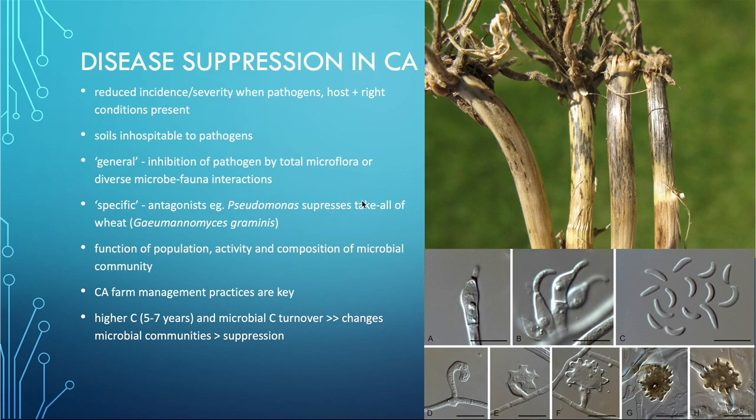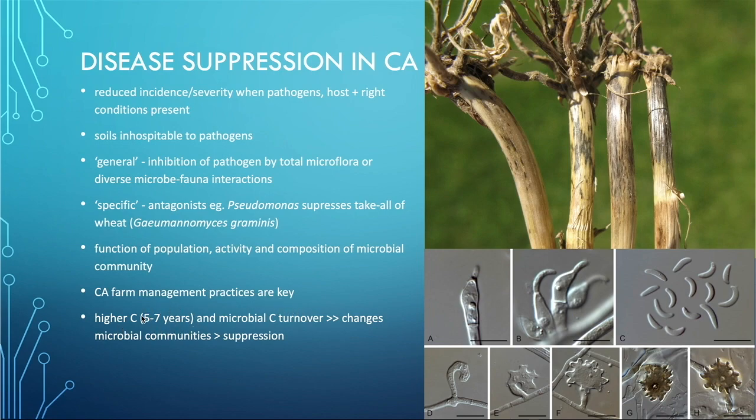There's no microbial diversity to prevent it from happening. So you can say that there is no immunity in the plant. Population, activity, and composition of the microbial community is also very much, therefore, the giver of this immunity to the plant. So basically, disease suppression is a function of that population being healthy. And the conservation agriculture farm management, the practices that are used, are key.